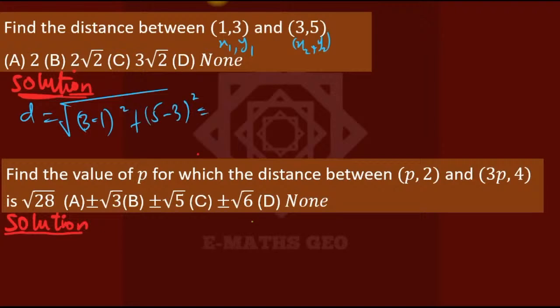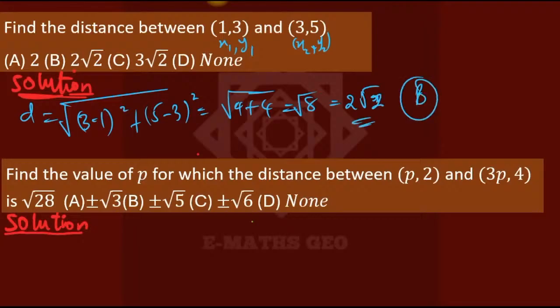So this is 2 squared, which is 4, also 4. That's 8, the square root of 8 is 2 root 2. So that's the answer. That's option B.